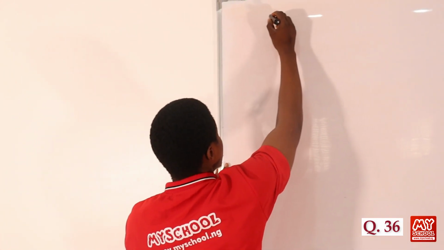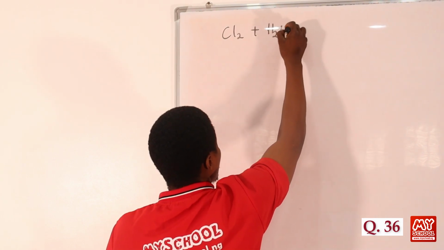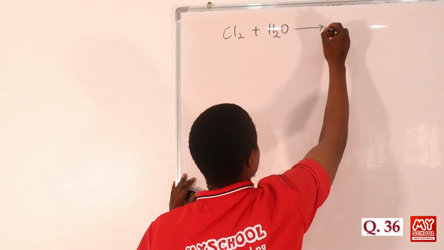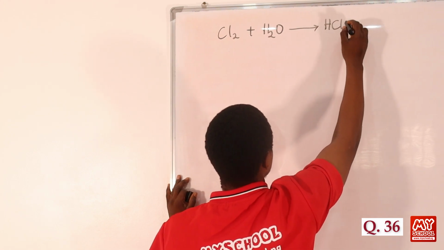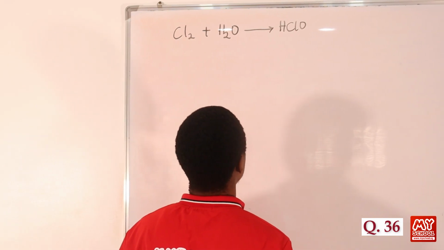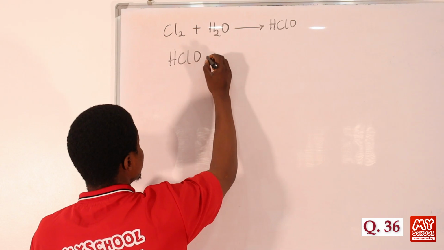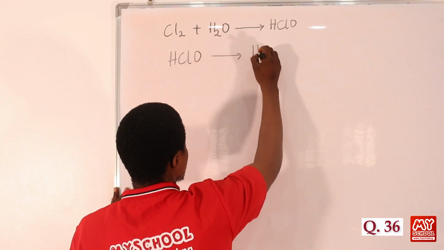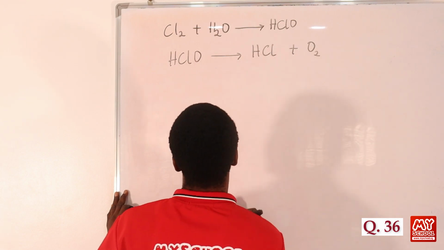First, we have Cl2 react with H2O to form hypochlorous acid. Then hypochlorous acid eventually breaks down into HCl, and oxygen gas will be produced.